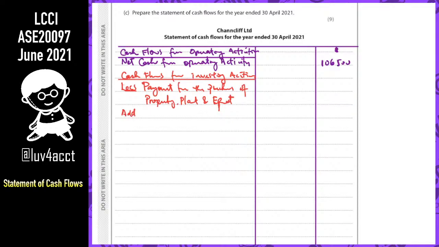Okay, and then add proceeds from the sale of property, plant, and equipment.